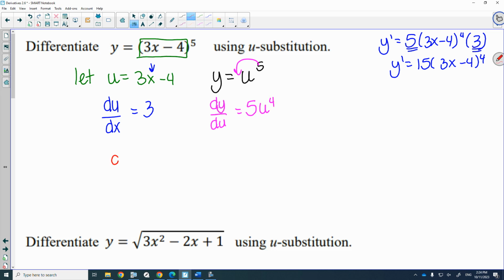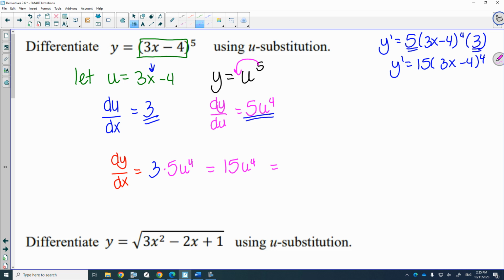Then dy over dx is going to be equal to, if I multiply these two functions together, du over du will cross out, and I'll be left with dy over dx. So it's going to be 3 times 5u to the 4. That is equal to 15u to the 4.